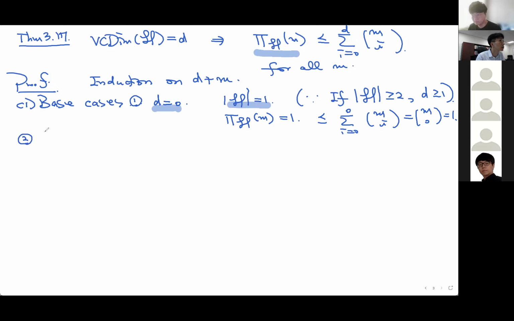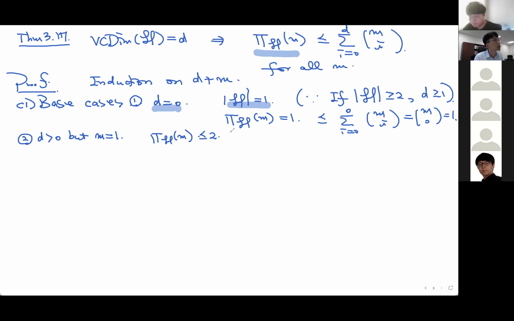The other base case is d greater than 0, but m is equal to 1. If m is equal to 1, then the growth function will be at most 2, because it is bounded by 2 to the m.